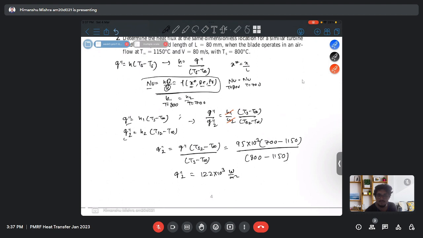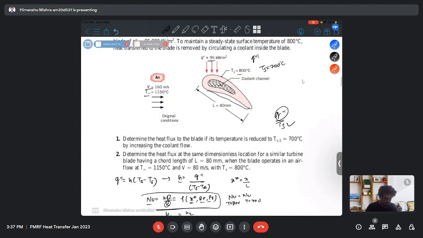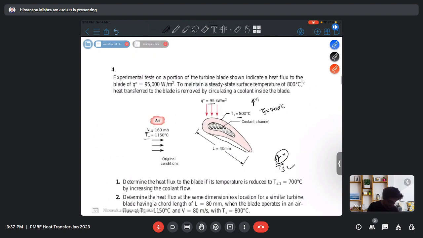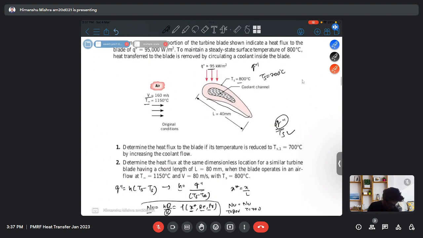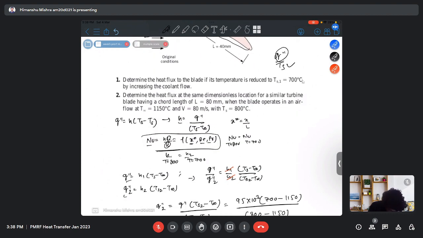But sir, thermal conductivity is a function of temperature. We have not considered the thermal conductivity. Thermal conductivity k? Yeah. So it is a function of temperature, but in this question, just for simplicity, we don't require it as of now. Okay.